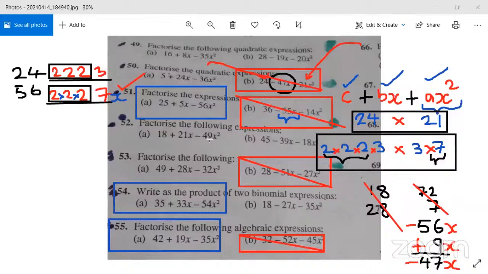Now, again, in this scenario, you have a plus and a minus, so it means the larger number is positive. If you have a minus, then a minus, the larger number is negative. Right? Just like what we have here.